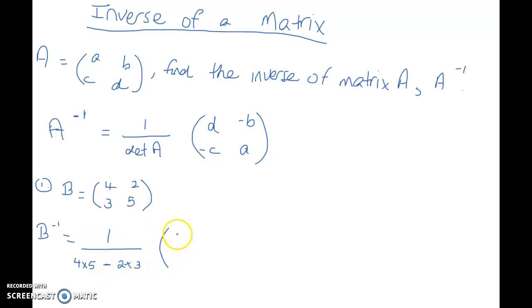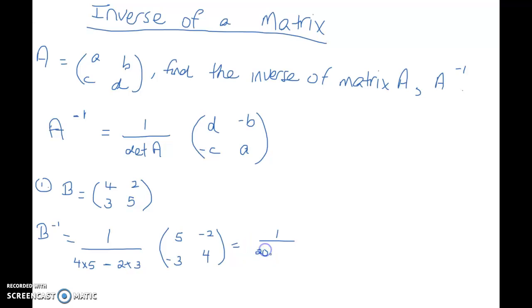And now we're going to switch around the numbers in the matrix. So the first diagonal, you're going to switch those numbers. 5 comes here, 4 comes here. The other two numbers, put them as is, you're just going to change the sign. Positive becomes negative. And let's just simplify this here. So you get 1 over 4 by 5 is 20, take away 2 by 3 is 6.